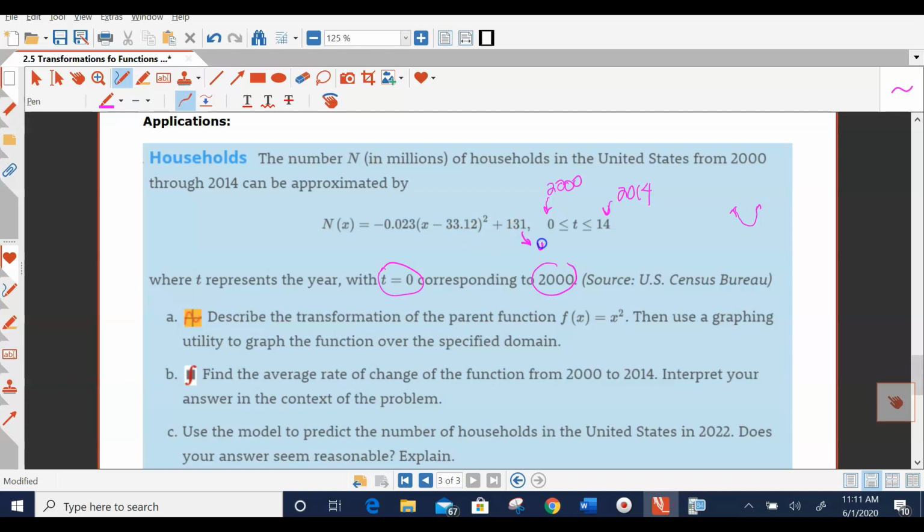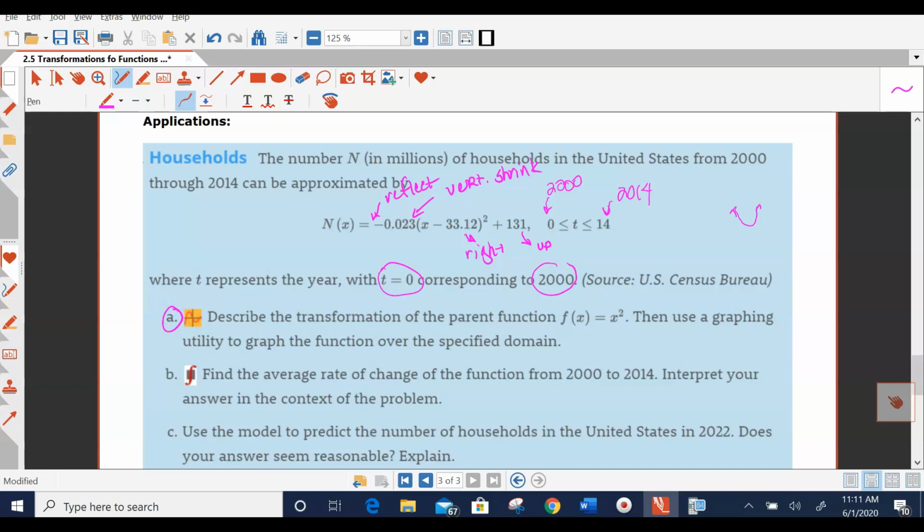So that tells me it's going up. This tells me it's going to the right. The negative in front means it's going to reflect across the x-axis. And the 0.023 means I have a vertical shrink. All of this information is important. That's part A. Describe the transformation.